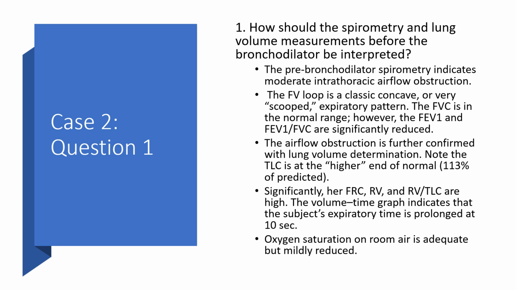Significantly, her functional residual capacity, her residual volume, and residual volume to total lung capacity ratio are high. That's owing to her air trapping. The subject's expiratory time is prolonged at about 10 seconds. Most patients you'd figure 5, 6, 7 seconds. They're up to 10 seconds.